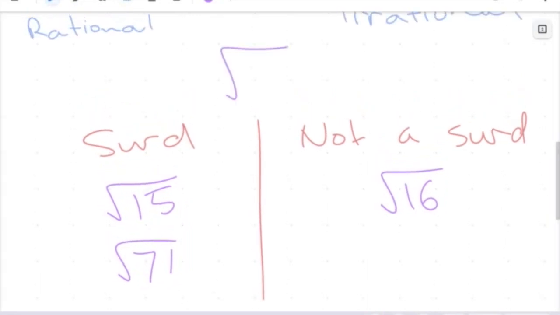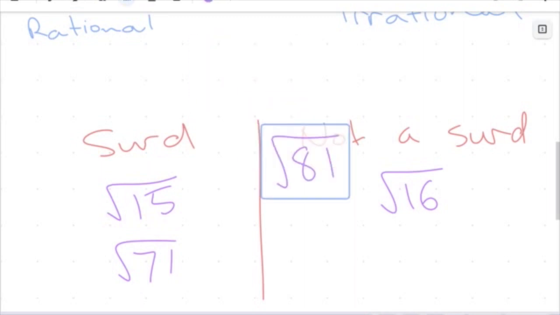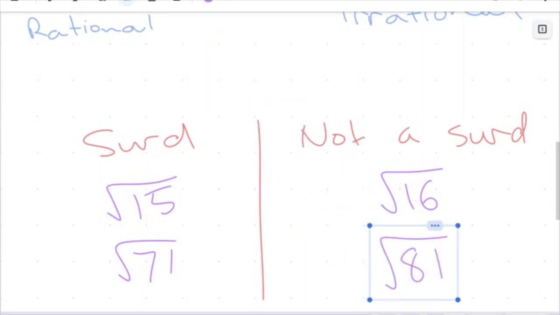Looking at root 81, well, 81 is a perfect square because 9 and 9 multiply by themselves to give me 81. So 81 is in fact a perfect square, and when we take the square root of a perfect square, we get a rational number. So root 81 is not a surd.